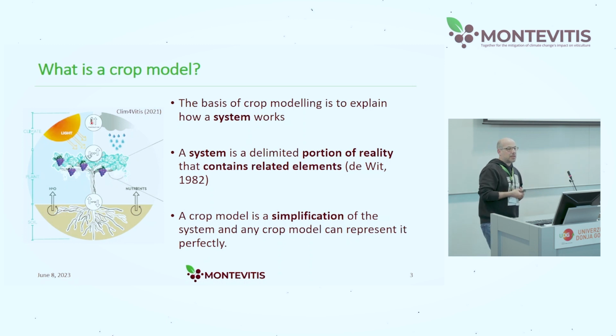In our case, a crop model is a simplification of this system. This picture comes from the MONTEVITIS white paper published 2 years ago, in which we can see the interaction between the plant, the atmosphere, the radiation, and also the nutrients and water content in the soil.